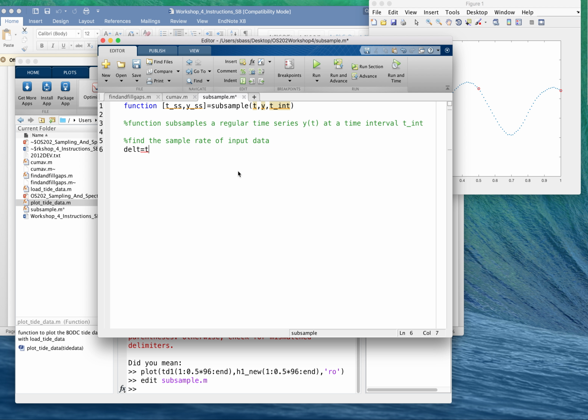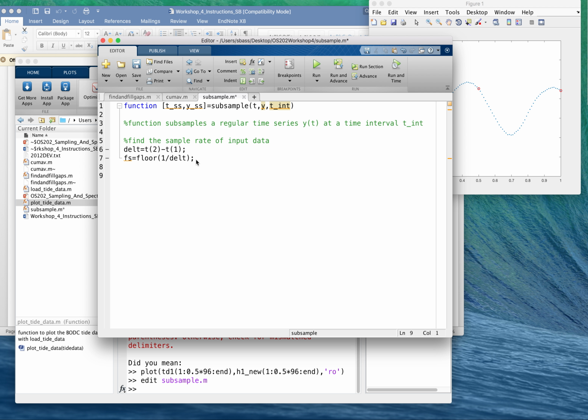So the time interval between samples, we can choose any 2 consecutive indices of our time axis. So T2 minus T1, that'll be fine. And then our sample rate is just 1 over del T. And you might recall that because we were getting decimal places and because we're using the sample rate as an index, we just knocked off those decimal places just so that we know we've got an integer.